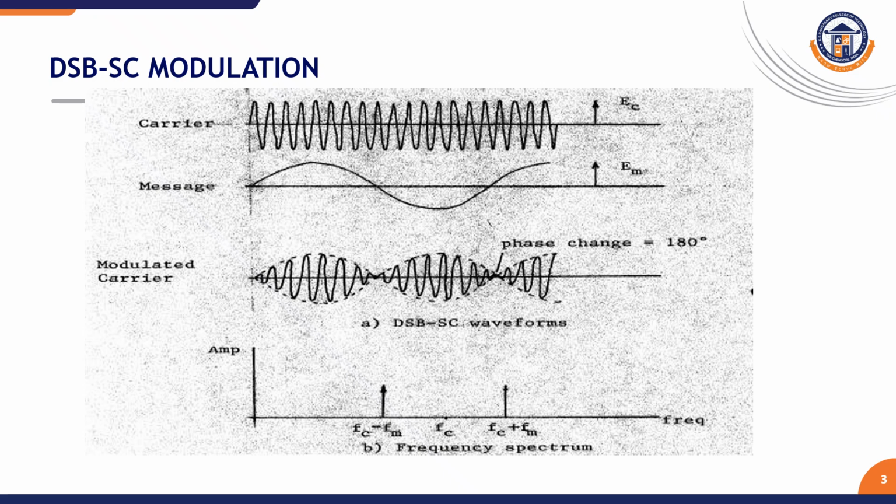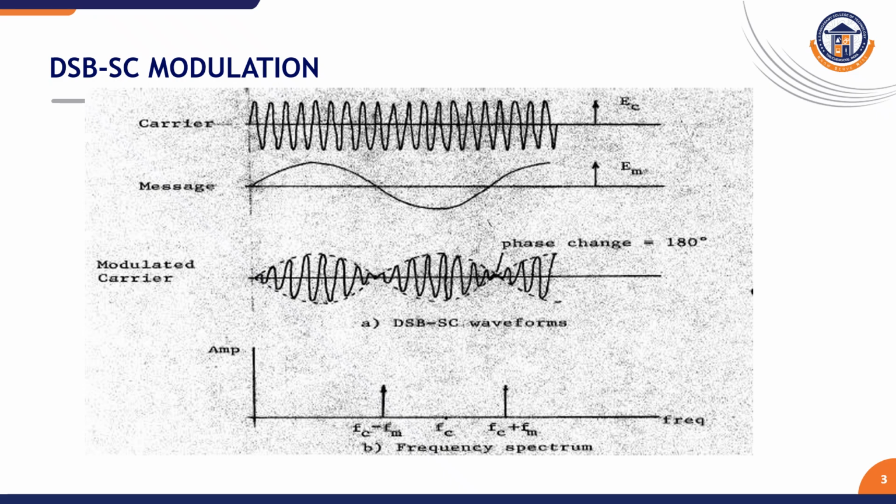And what about the last part, figure B, the frequency spectrum of the DSBSC modulation scheme? As I told earlier in the previous slide, the carrier signal is suppressed. Only the lower and upper sidebands with respect to the carrier frequency are transmitted. Here the carrier frequency is represented as Fc, the lower band is Fc minus Fm, and the upper band is Fc plus Fm.